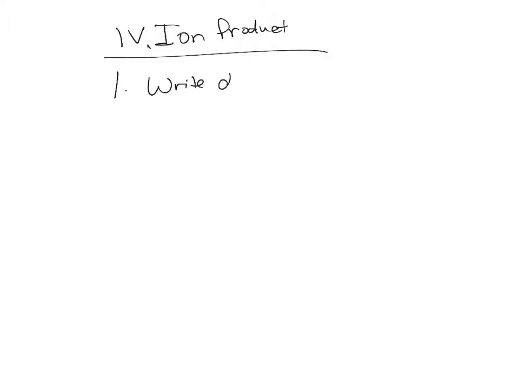To review the steps to solve the ion products, to see if a precipitate will form, that's in part 4 of this homework. Step 1, you're going to write the dissolution equation. Step 2, you're going to write your QSP expression, which is the same as the KSP expression.